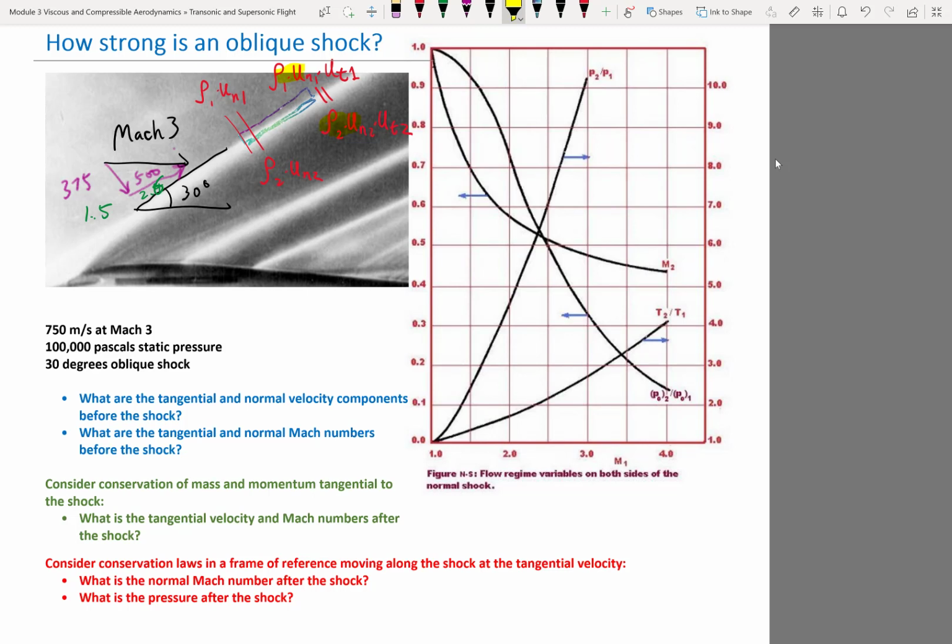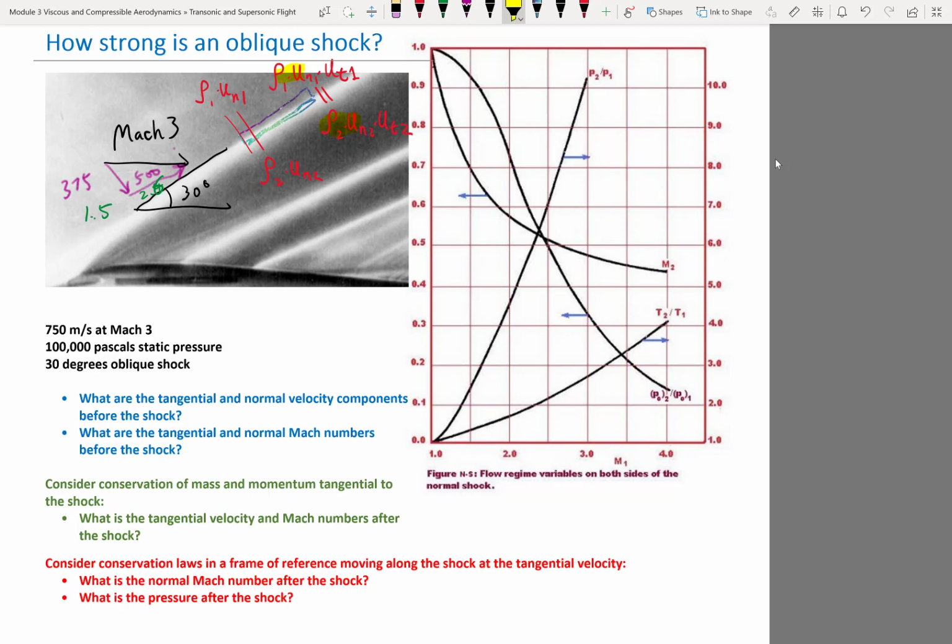Now, not only is this conclusion very important, the most important thing to remember, but it also has very significant consequences. The most significant consequence is the following. Now imagine, instead of choosing the frame of reference relative to the airplane, what if I choose a frame of reference that moves along the shock wave with a velocity of ut1 or ut2?